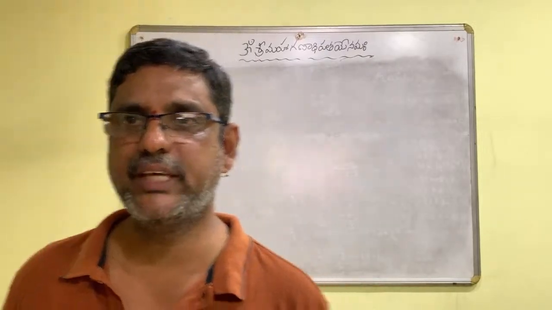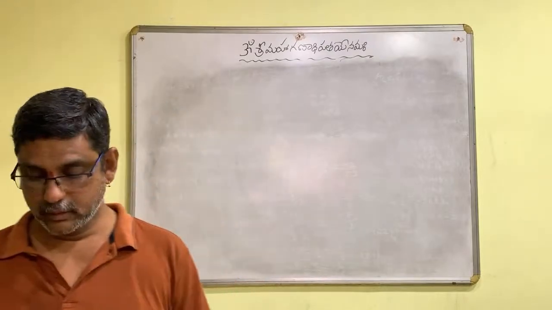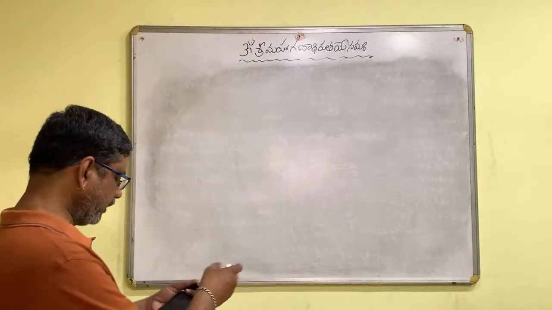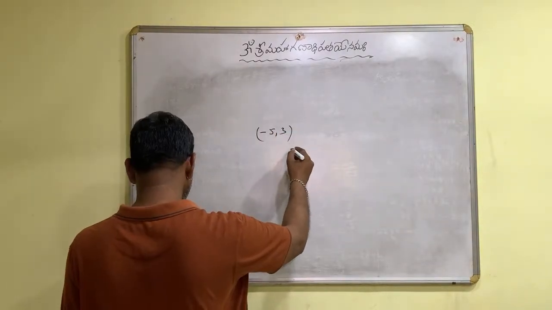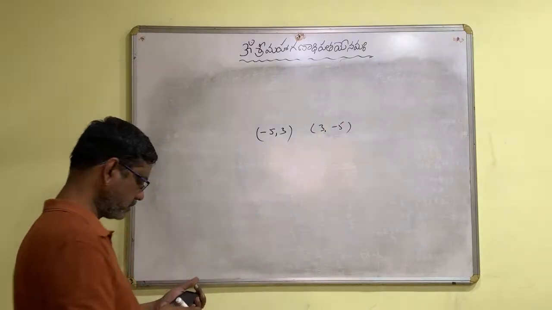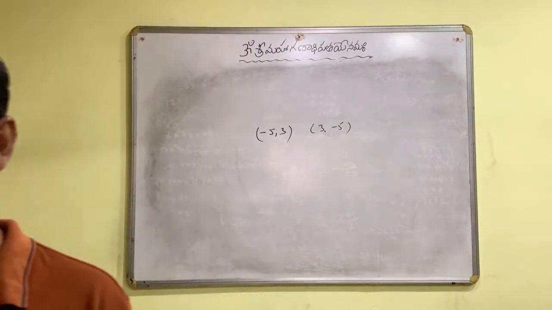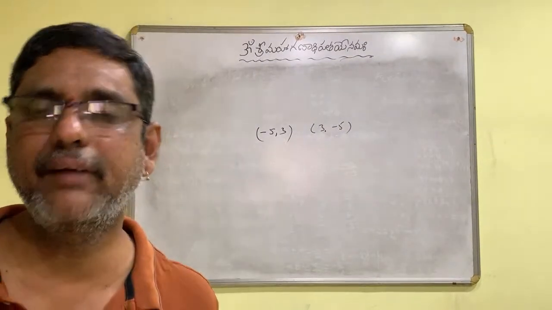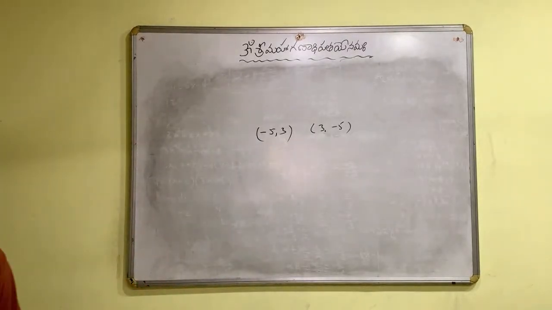Now observe question number 6. The points -5, 3 and 3, -5 lie in which quadrants?